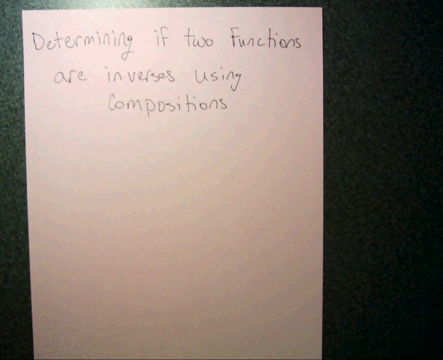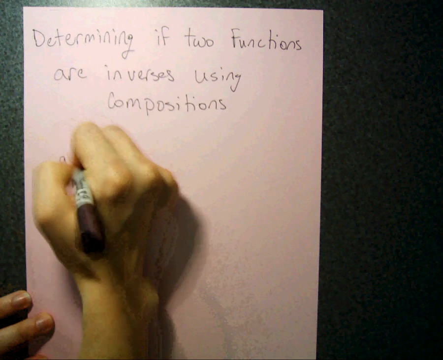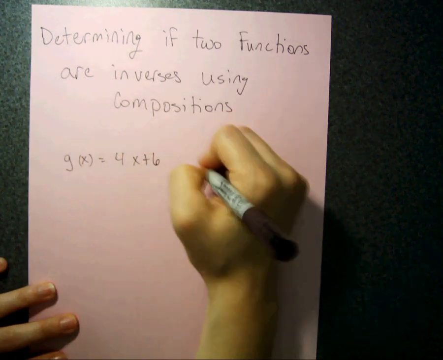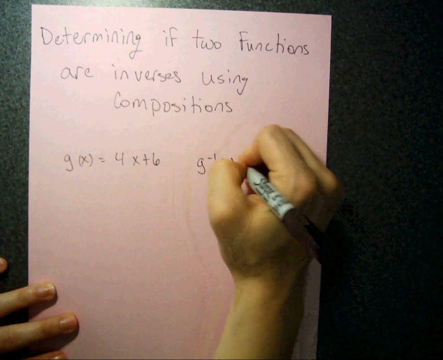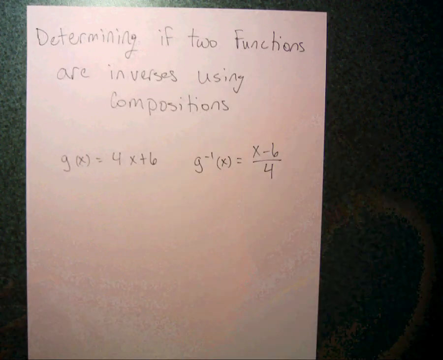All right, so we're going to go back real quick and look at one of the first examples that we did. We had the function g of x equals 4x plus 6, and we found its inverse to be x minus 6 divided by 4. So look at what happens.